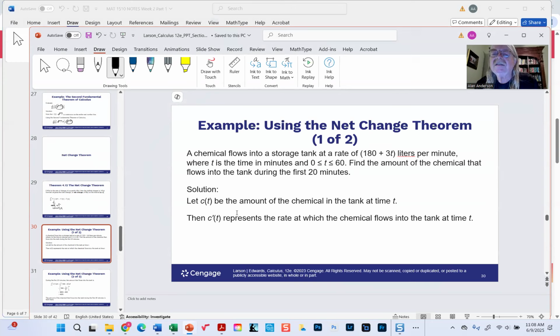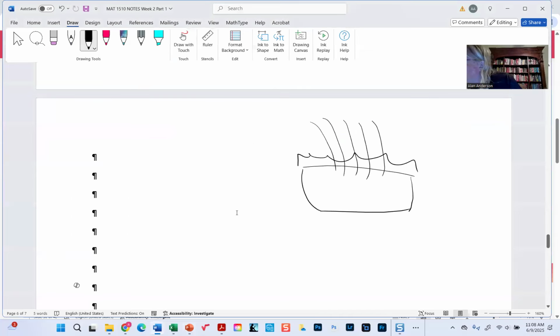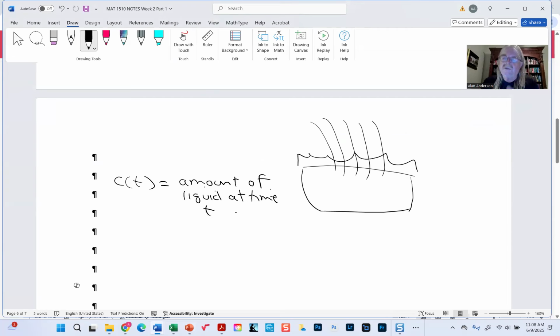So they're going to define C of t as the level or the amount of this water, let's say, or liquid that's in there at any given time. Of course, when you're dealing with time, it's understood that t equals zero usually is right now at this point in time.